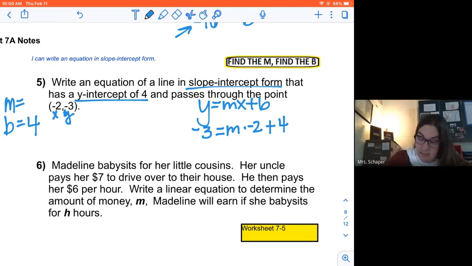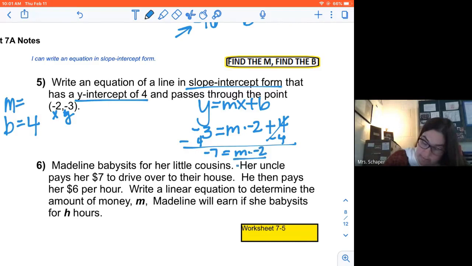So I have to solve for that variable. I'm going to start by subtracting 4 from both sides. So -7 equals m times -2. I'll divide by -2. So m equals positive 7/2.